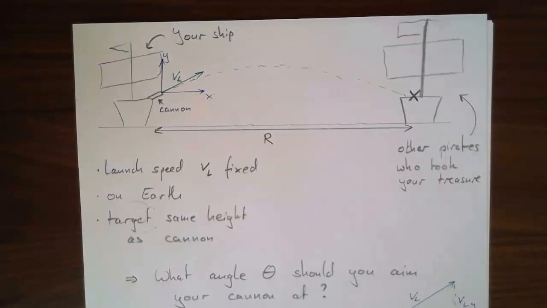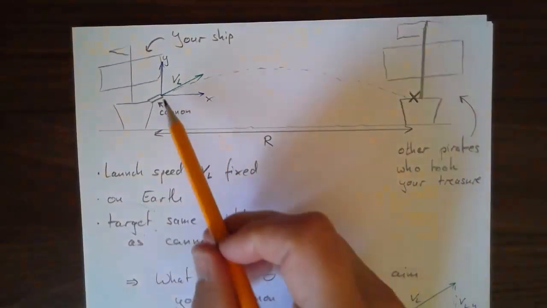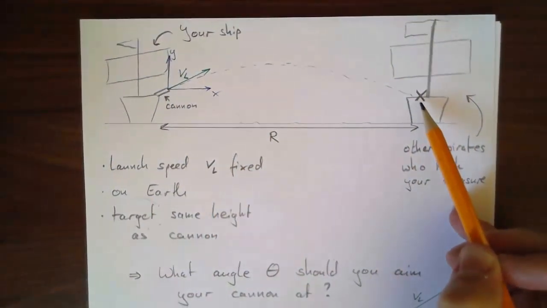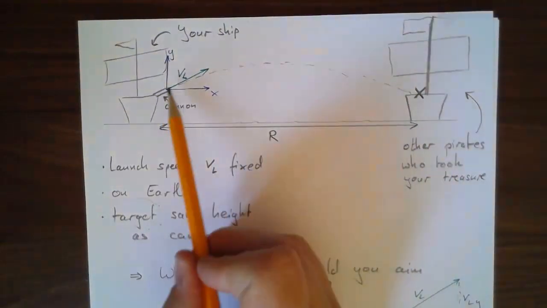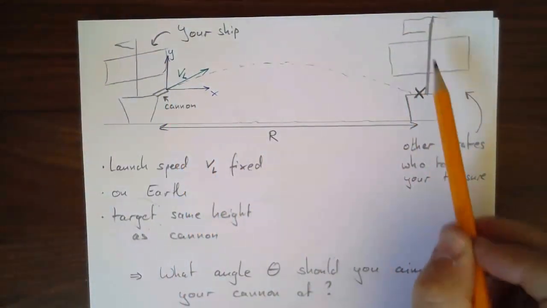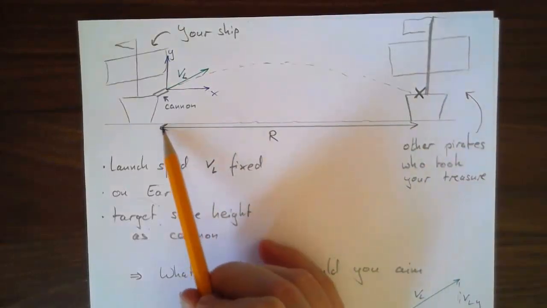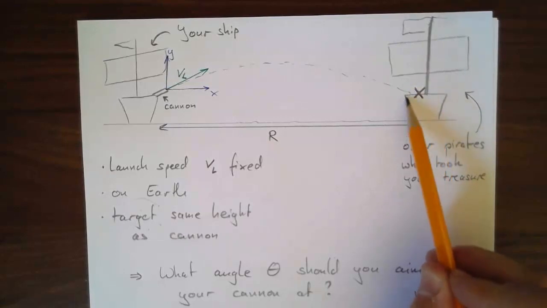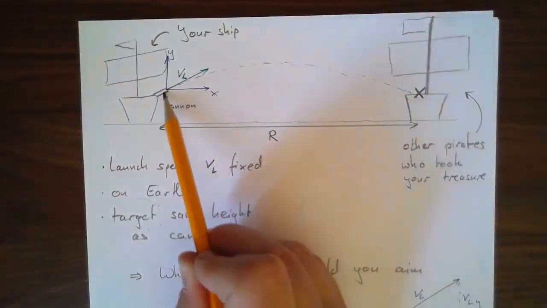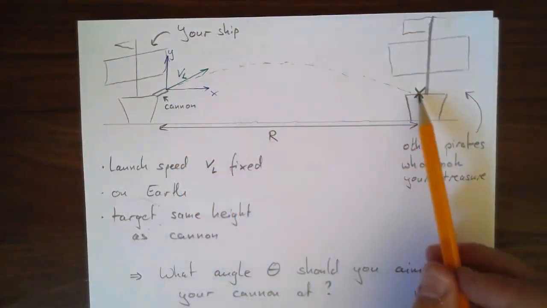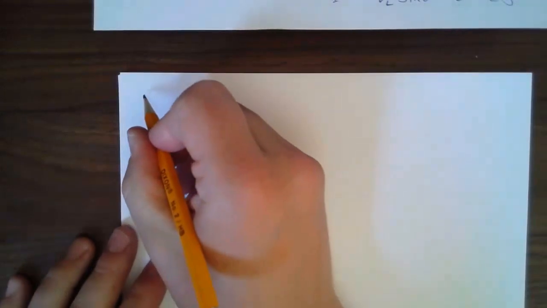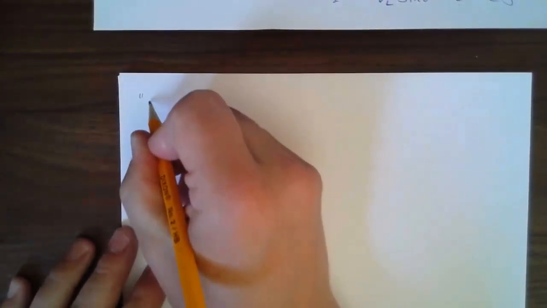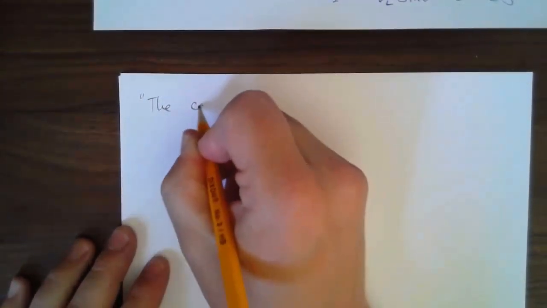So how do I say in math the cannonball hits the target? Well, one way to say it would be, okay, I know the cannonball is going to get over here. So when the cannonball has an x position equal to r, then its y position must be 0 again, because they're at the same height. So let's write this down. The cannonball hits the target.